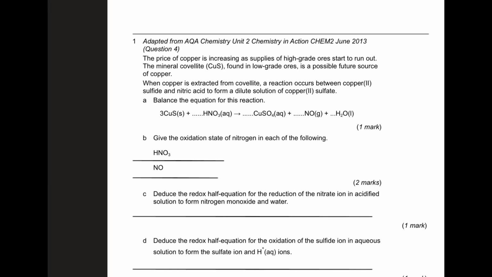When copper is extracted from covellite, a reaction occurs between copper 2 sulfide and nitric acid to form a dilute solution of copper 2 sulfate. Okay, so now A, balance the equation for this reaction.